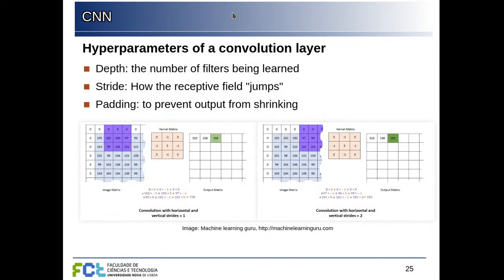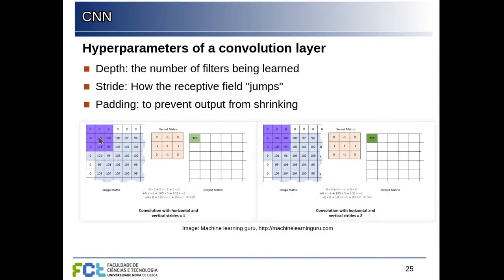Now, there are some parameters that are important in the convolution. The depth of the convolutional layer is just the number of filters we are using. So how many kernels we are using for that particular layer. And this will determine the depth of the output of that stack of feature maps.